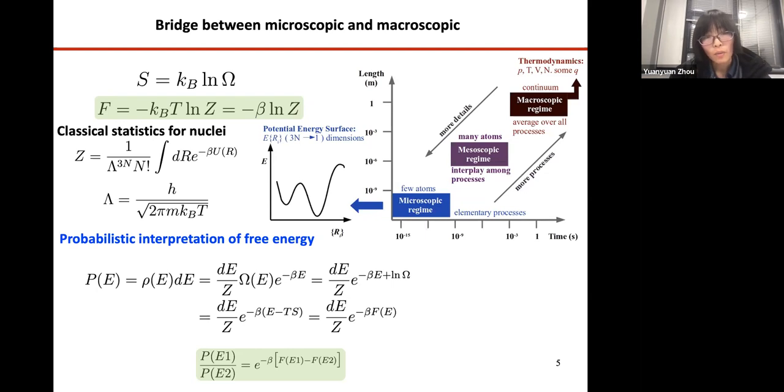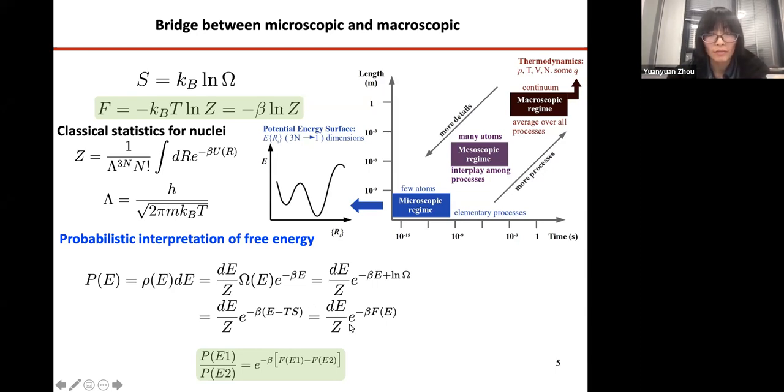Furthermore, another way to calculate the free energy is to use its probability. The probability to find a system in an energy interval between E and E plus dE is equal to the probability density times dE, and the probability density can be reformulated by the partition function and omega.